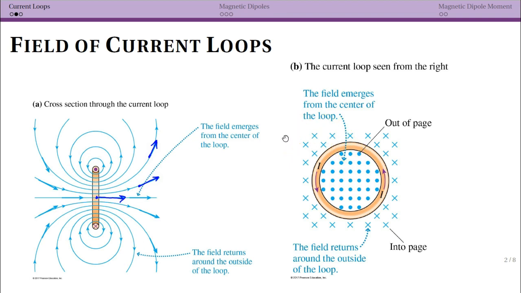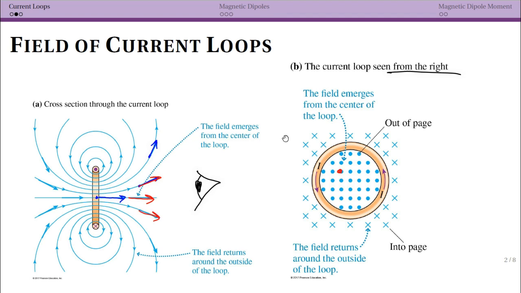Notice that here it says seen from the right. Why does that matter? Well, you get the opposite field whether you're looking from the right or from the left. So again, the way physicists sometimes show this is they actually draw your eyeball to show how you're looking. So we are looking from the right, and notice that these field lines are coming at the eyeball.